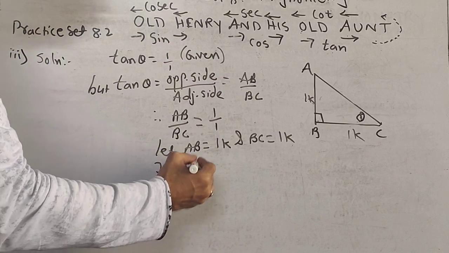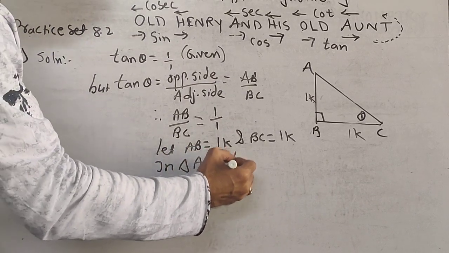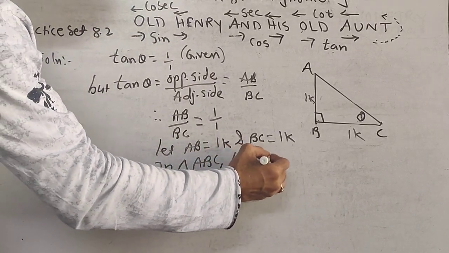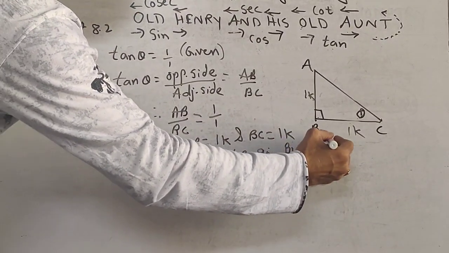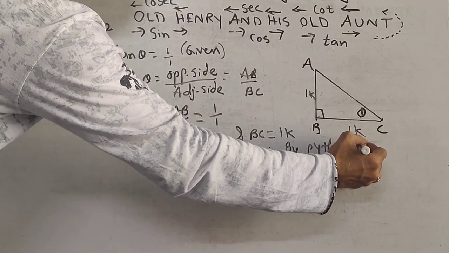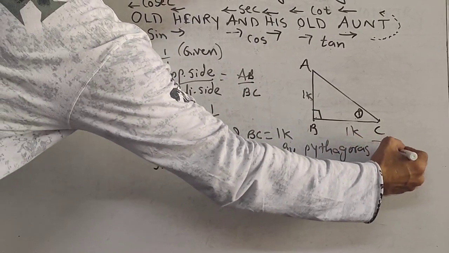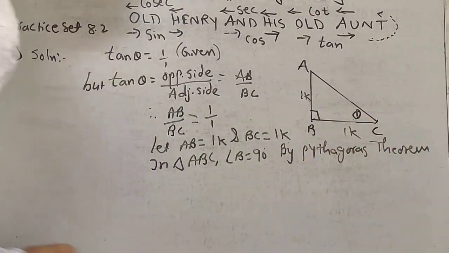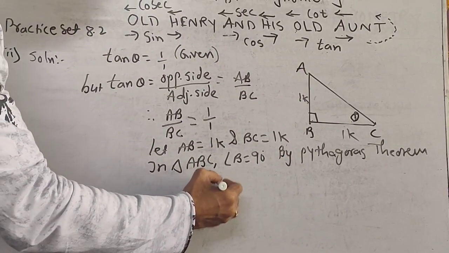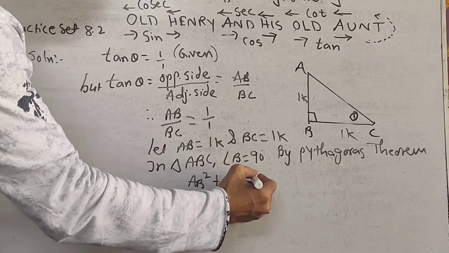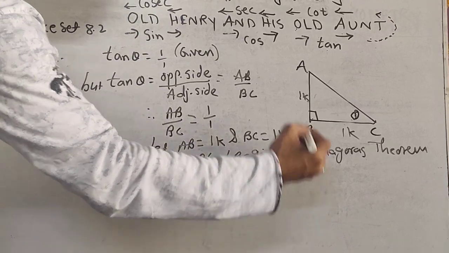In triangle ABC, angle B is equal to 90 degree, by Pythagoras theorem. So you know AB square plus BC square is equal to AC square.